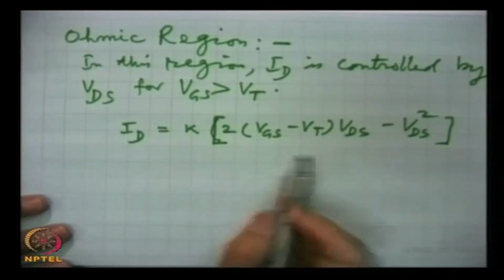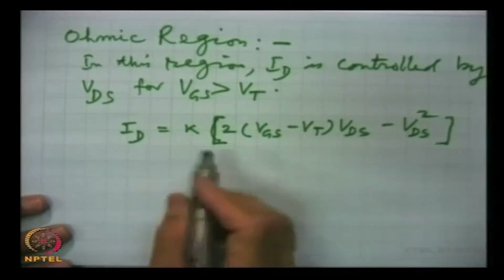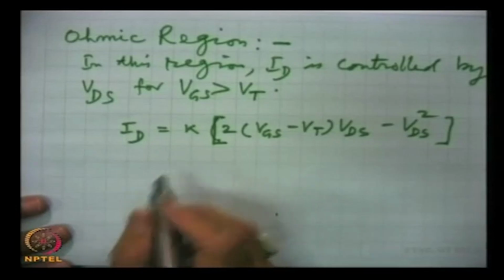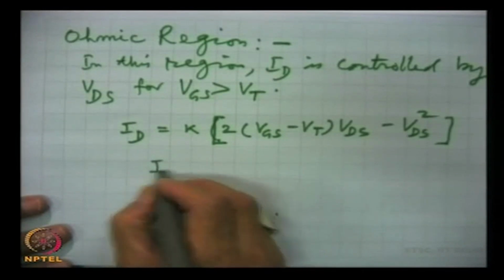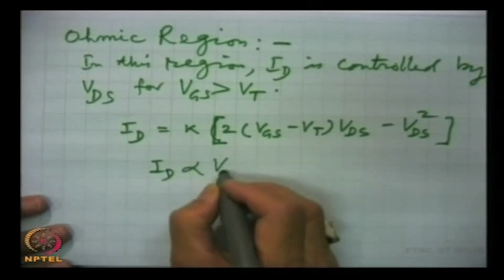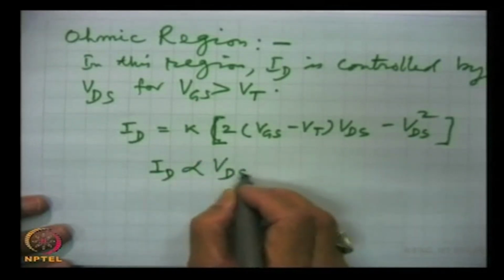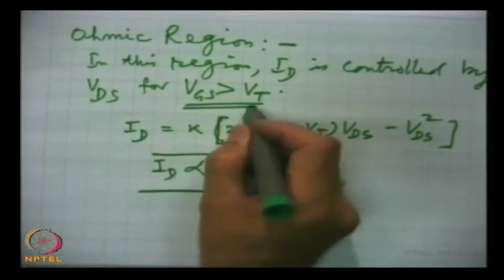So, we can see, K is a constant and we will define it, what is the value of this. From this expression we can write that drain current is proportional to VDS, and this constant K is true under this condition.